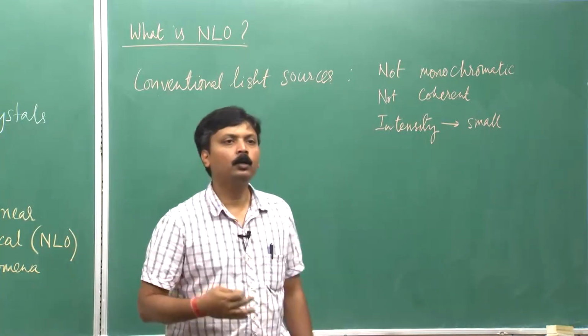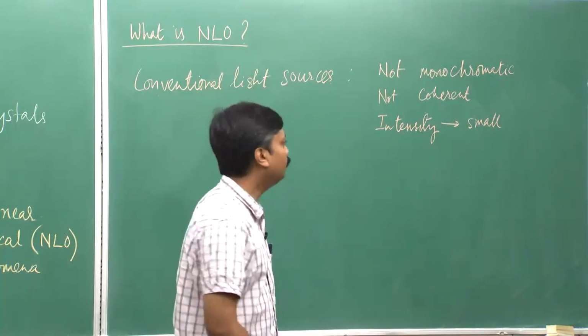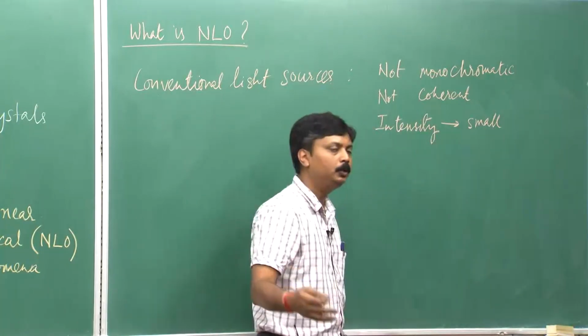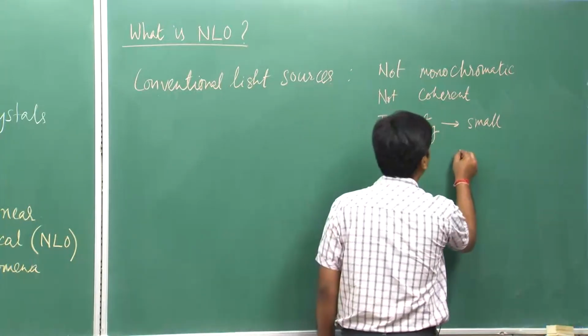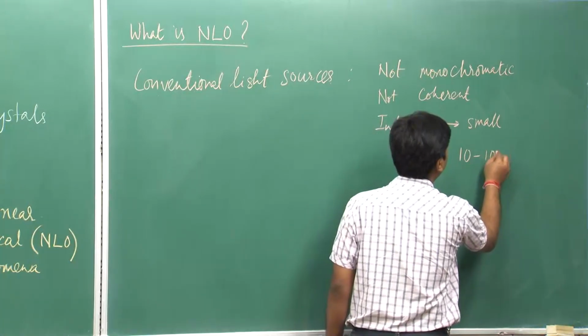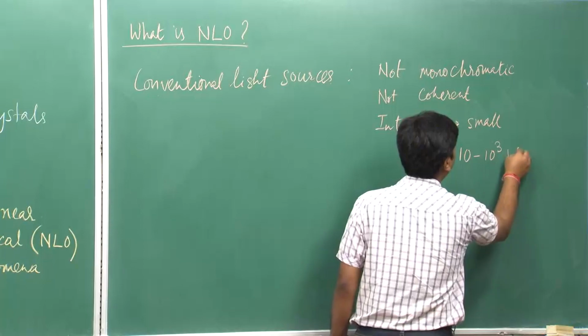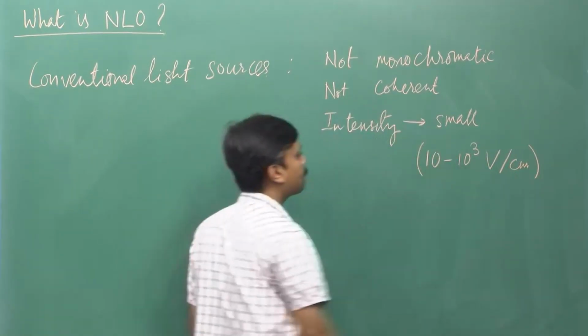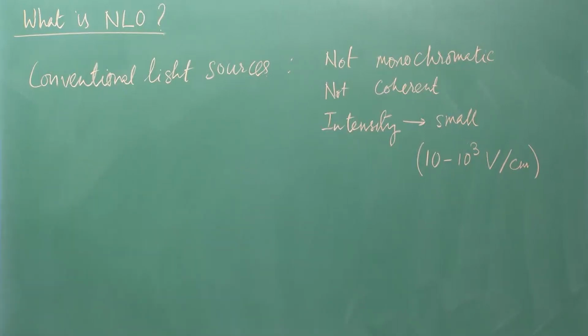How small? We have seen in one of the earlier classes that the electric field amplitude is something like between 10 to 1000 volt per centimeter. This is fairly a small number.